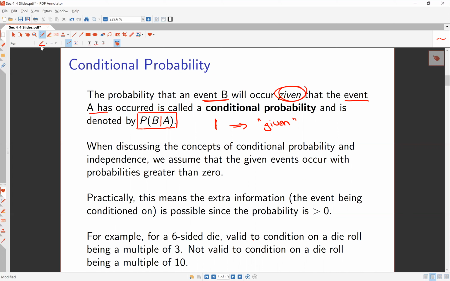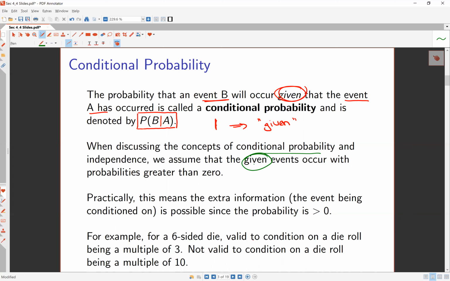Now, next point here is a fairly technical one, but I'll dig a little deeper. When we discuss conditional probability, and also the notion of independence, which we'll get to later in this section, we will assume that the event that is given, so in this case, in our formula A, has a probability greater than 0.